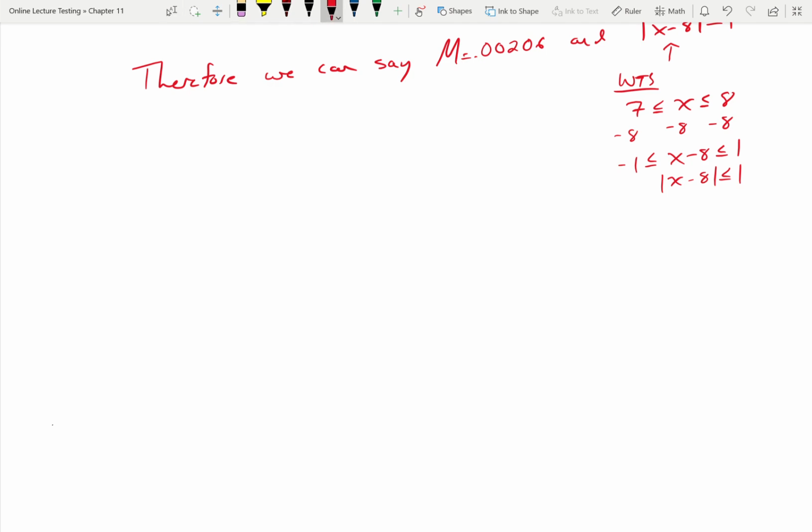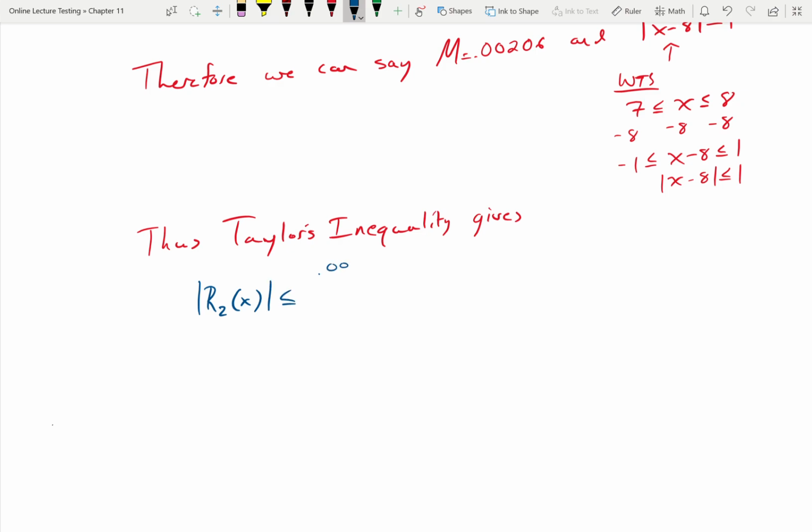So, thus, Taylor's inequality gives us R sub 2 of x is less than or equal to 0.00206, so that's our big M, divided by 3 factorial, times the absolute value of x minus 8, which we just said is less than or equal to 1.